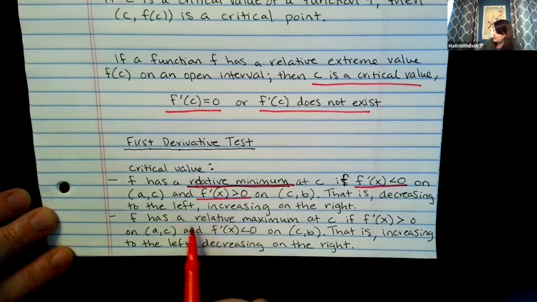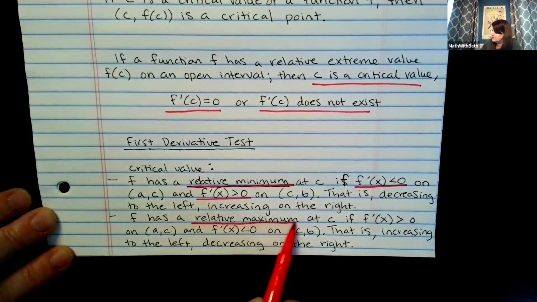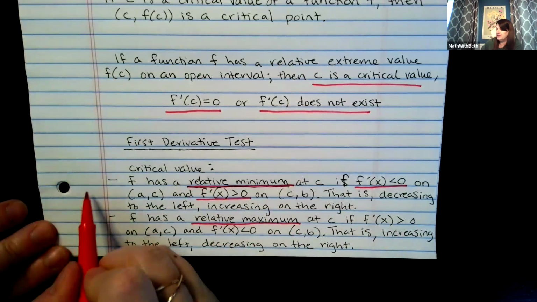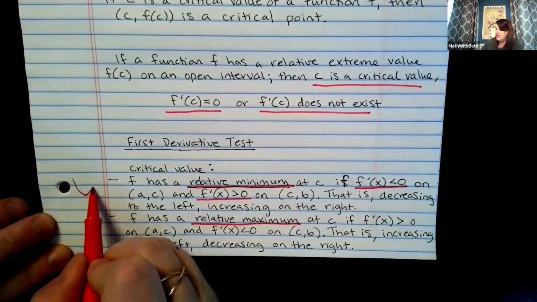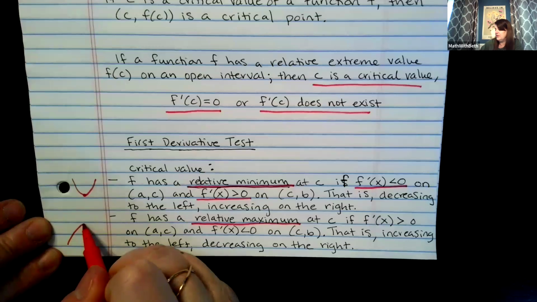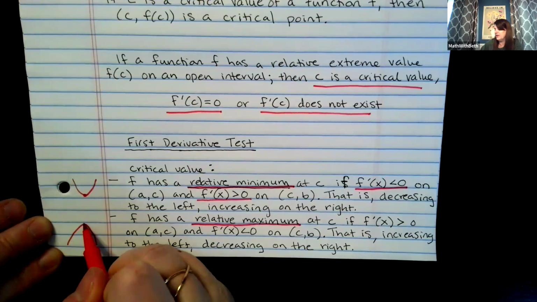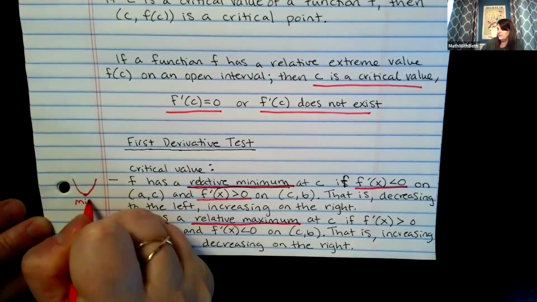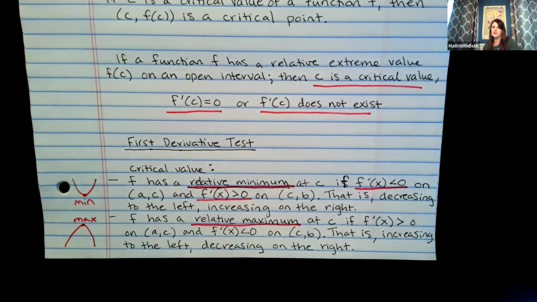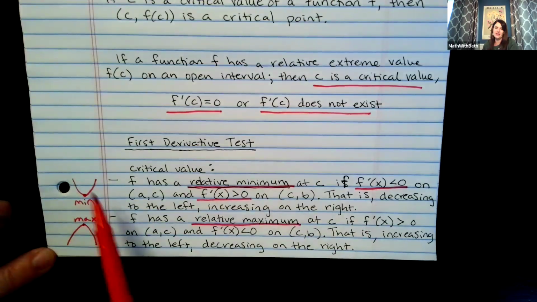And then the opposite is also true. You're going to have a relative maximum if it is increasing on one side and then decreasing. So that should make sense because decreasing and then increasing would look like this, where if a graph was increasing and then decreasing, it would look like this. So this would be a relative min. This one would be a relative max.